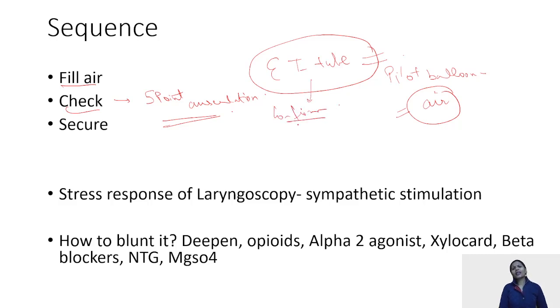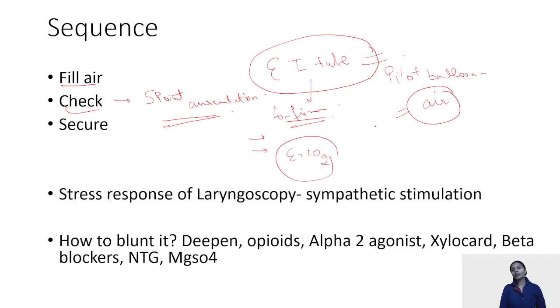There are various methods of confirmation. For example, mist formation. Second could be the chest movements. If you're giving positive pressure ventilation and your endotracheal tube is in situ, bilateral chest movement will be visible. Then third is auscultation. Last is your capnography, your EtCO2 graph.